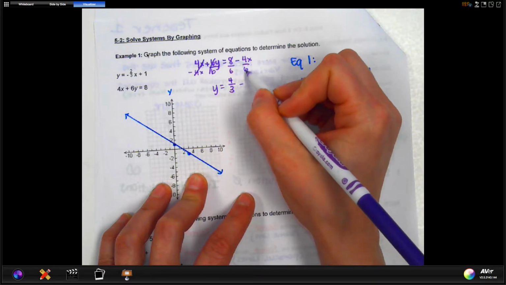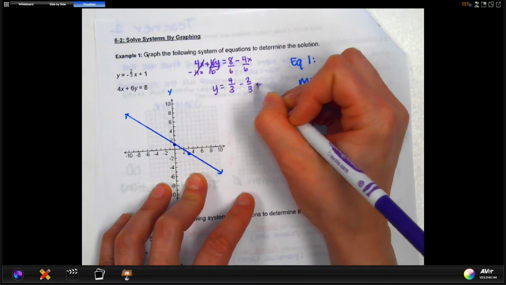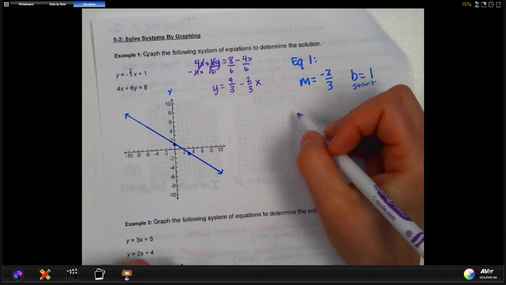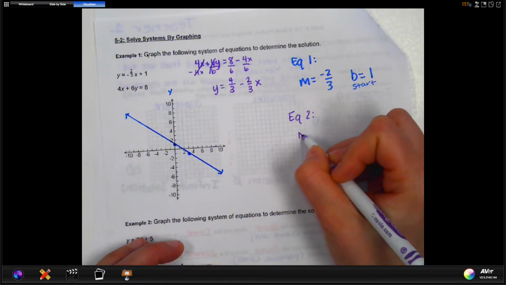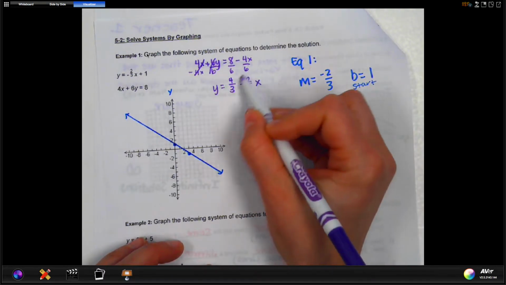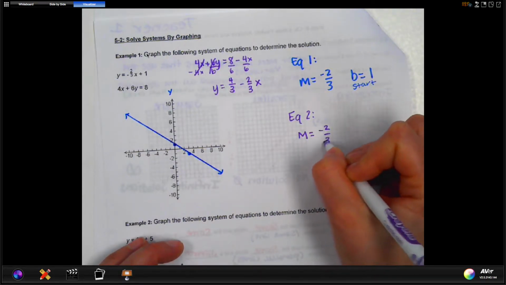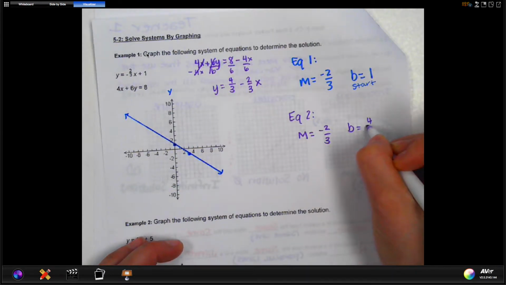Minus 4 over 6, I can reduce to minus 2 over 3x. Okay, so now for equation 2, our m, the one next to x, is going to be negative 2/3. And my b is going to be positive 4/3.